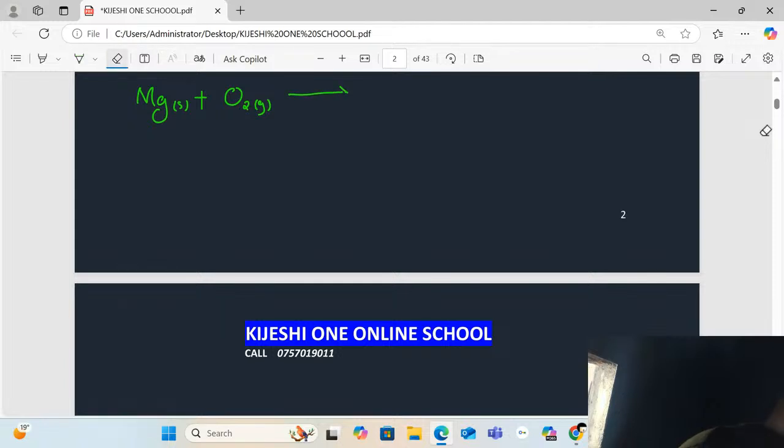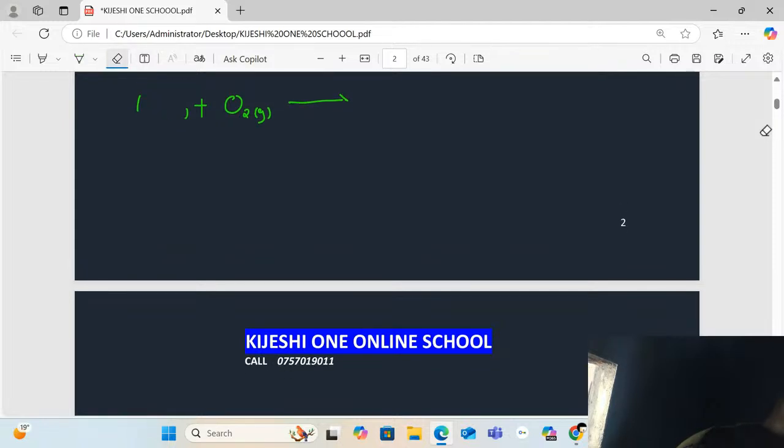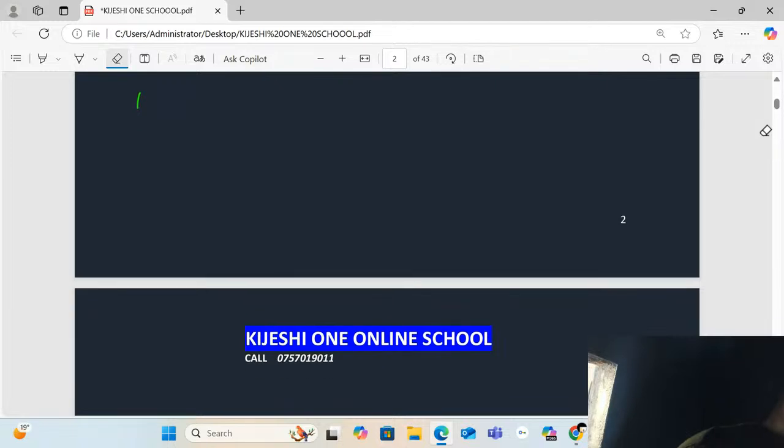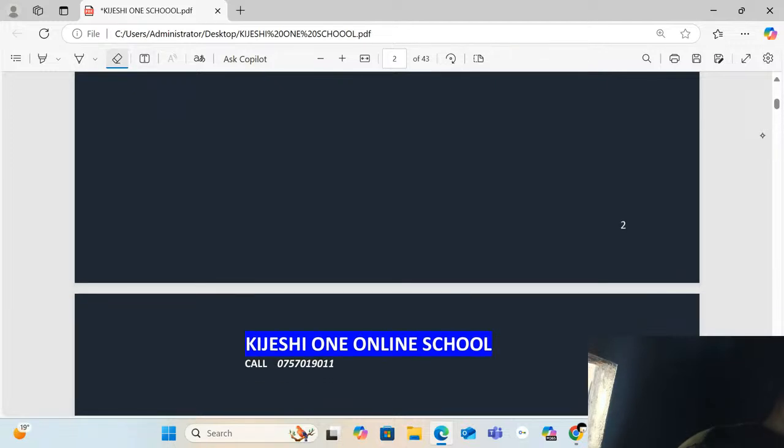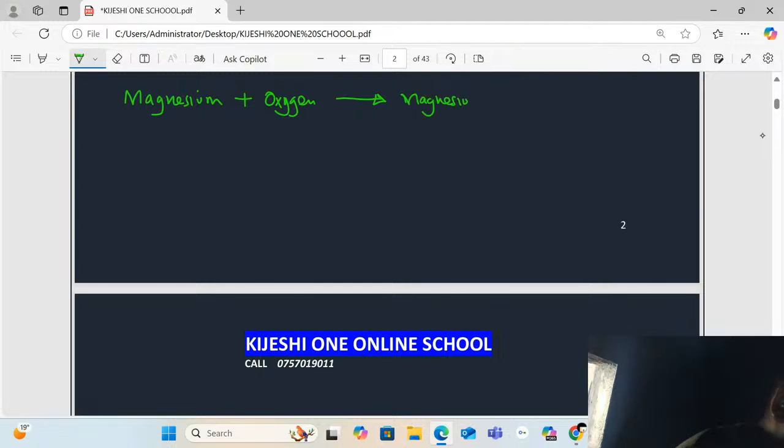Let me write in words, because the last part that will be addressed will be the product side. So it is magnesium plus oxygen. Then in this case, we get magnesium oxide.